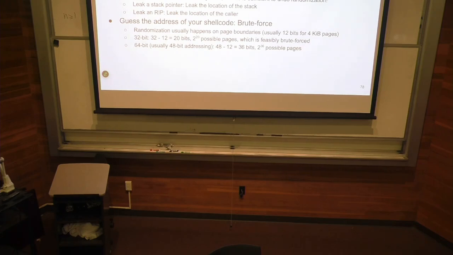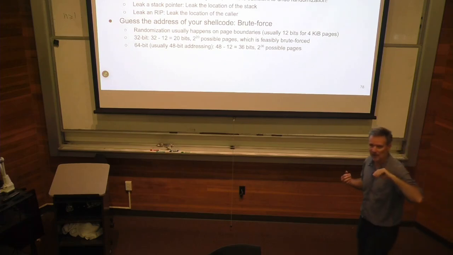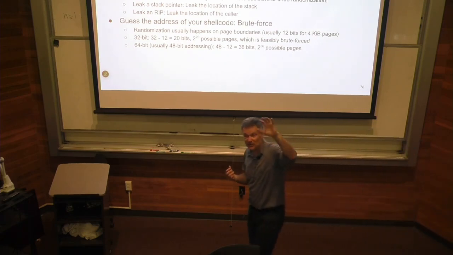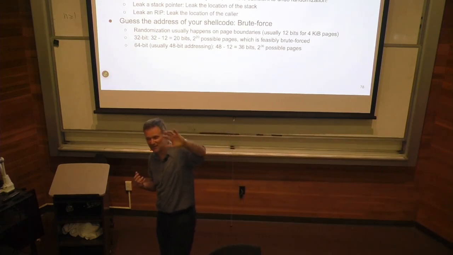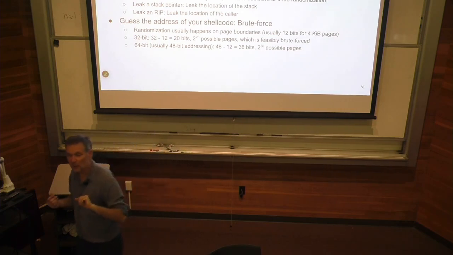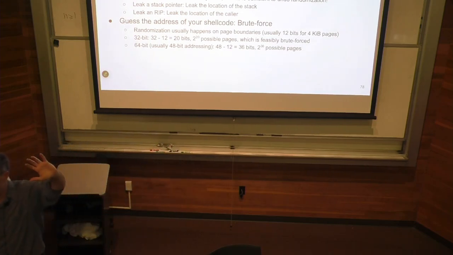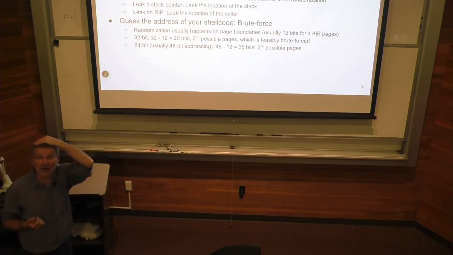If you have one bug in the program that will read past the end of a buffer and print it out, you can use that to print out the contents of what's on the stack. And that will print out a bunch of things on the stack like the RIPs and the SFPs and values stored in local variables, a bunch of pointers typically. And from that you can find out addresses of stuff.